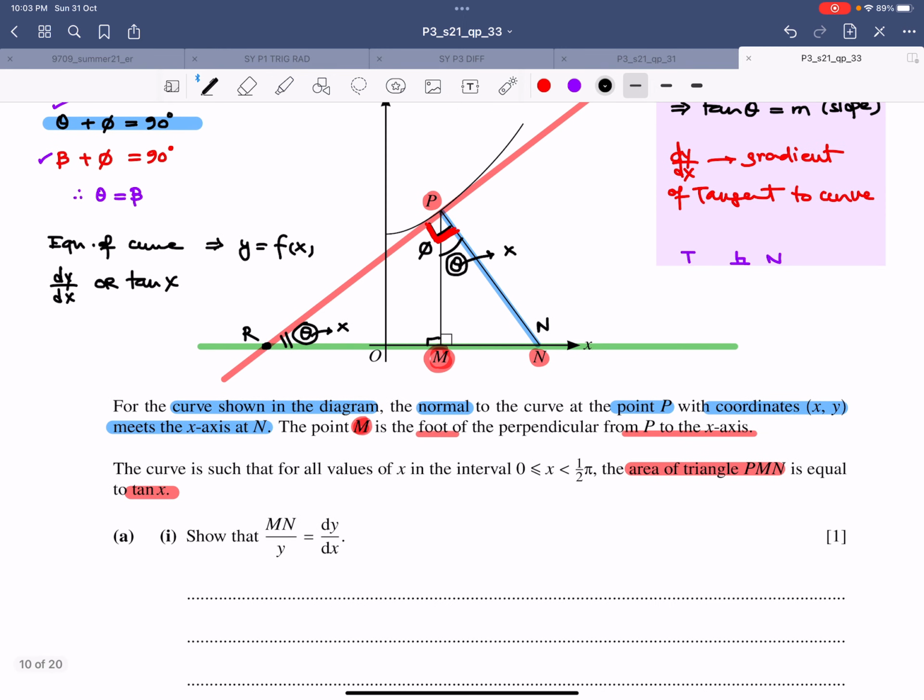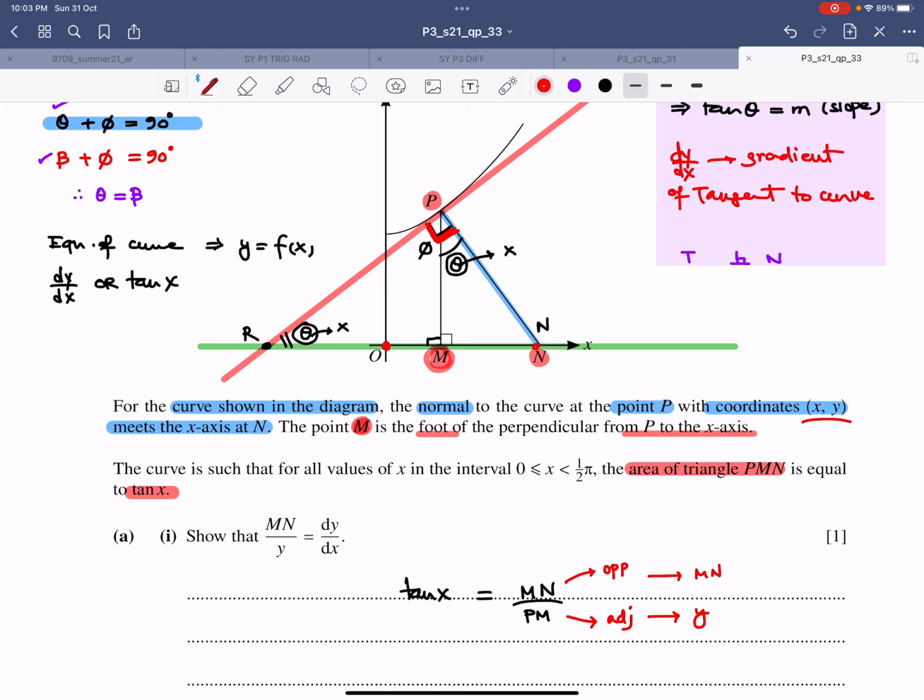So therefore, tangent of x equals MN divided by PM. MN is the opposite for this angle theta. PM is adjacent, but since the coordinate is xy, PM is the same thing as y, and MN remains as MN because this is not x.